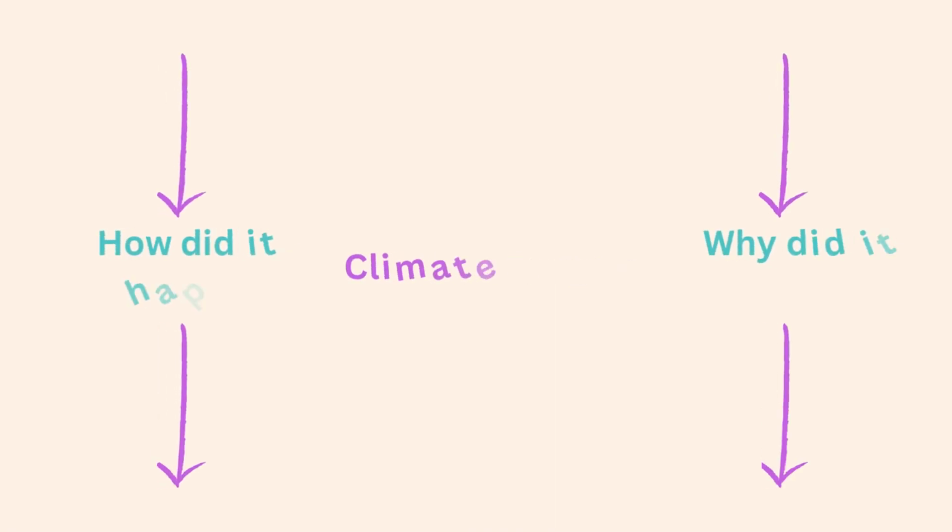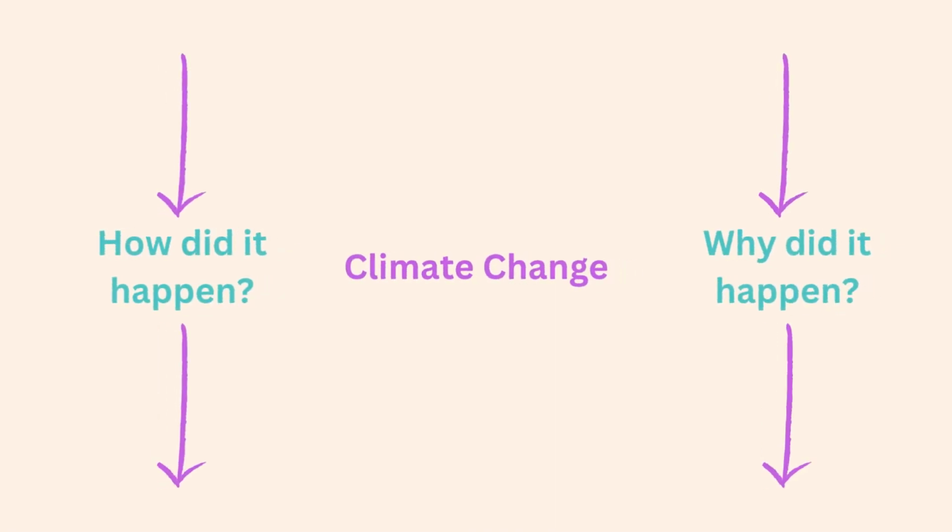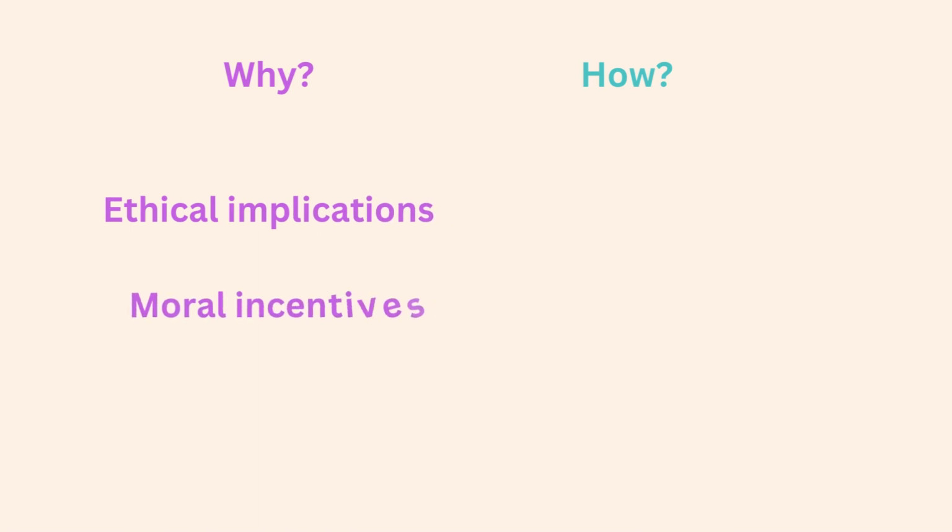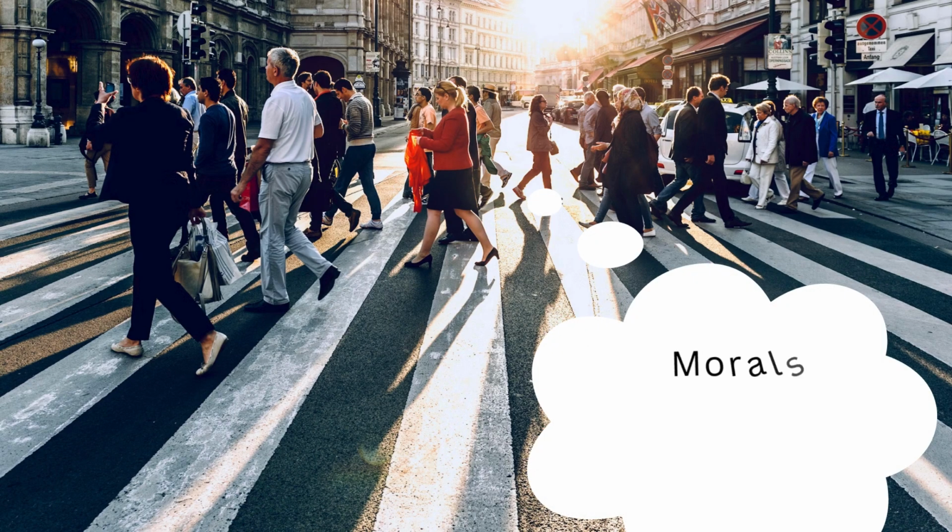Why did it happen? And how did it happen? Consider the difference between these two questions, why and how. My students typically respond that why considers ethical implications, moral incentives, or personal values that enable a person or group of people to take an action.